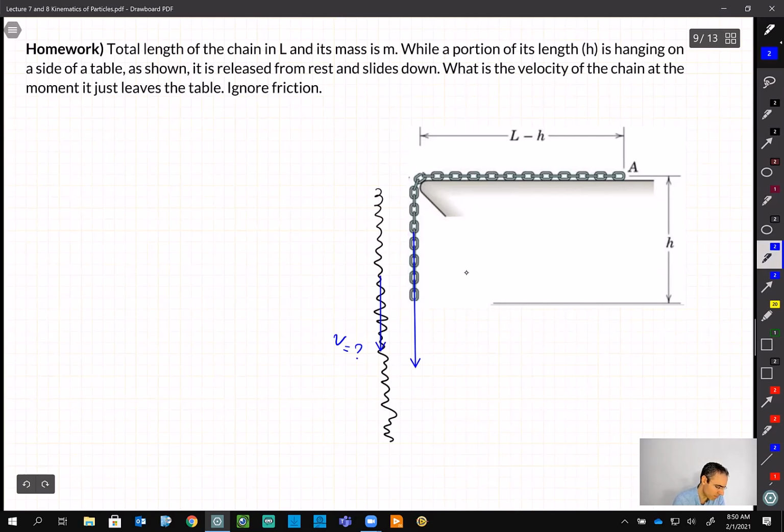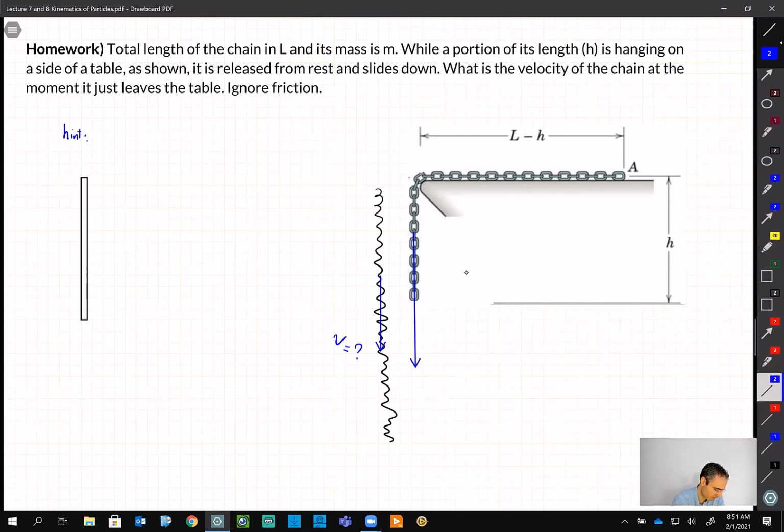Just a hint, in general, let's say you have a bar on, let's say, the ground.